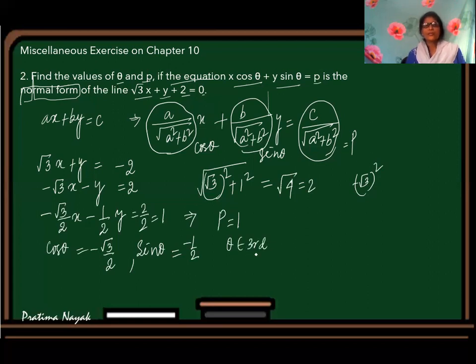In the third quadrant, that means it will be 180 plus 30 degrees. So theta is equal to 180 plus 30 degrees, that will be 210 degrees. So theta is 210 degrees and your p is equal to 1.